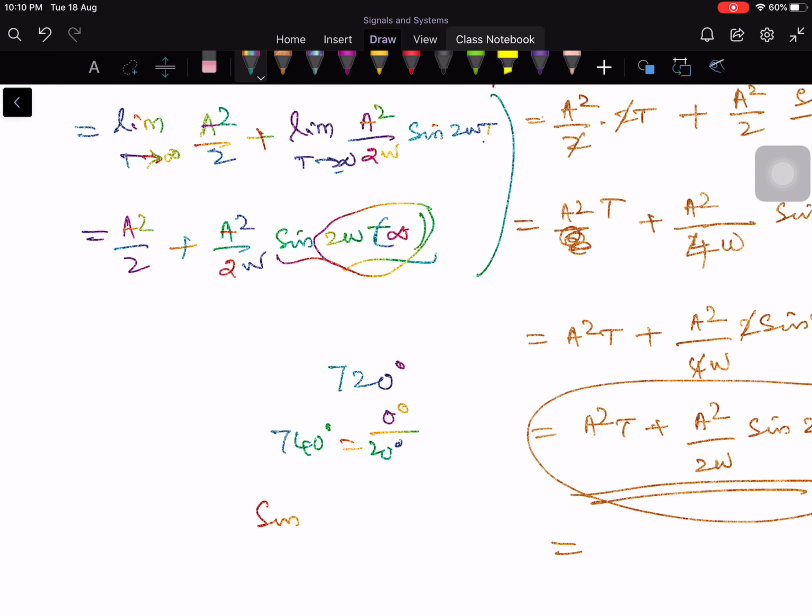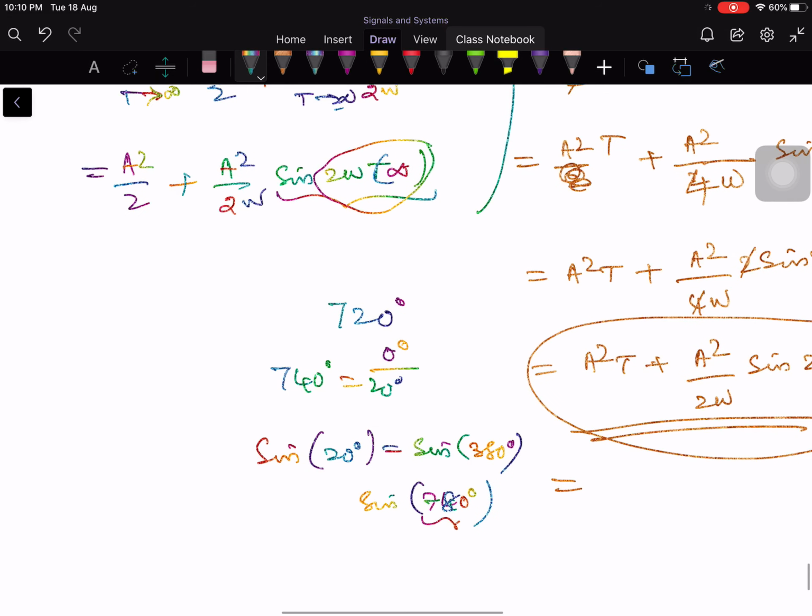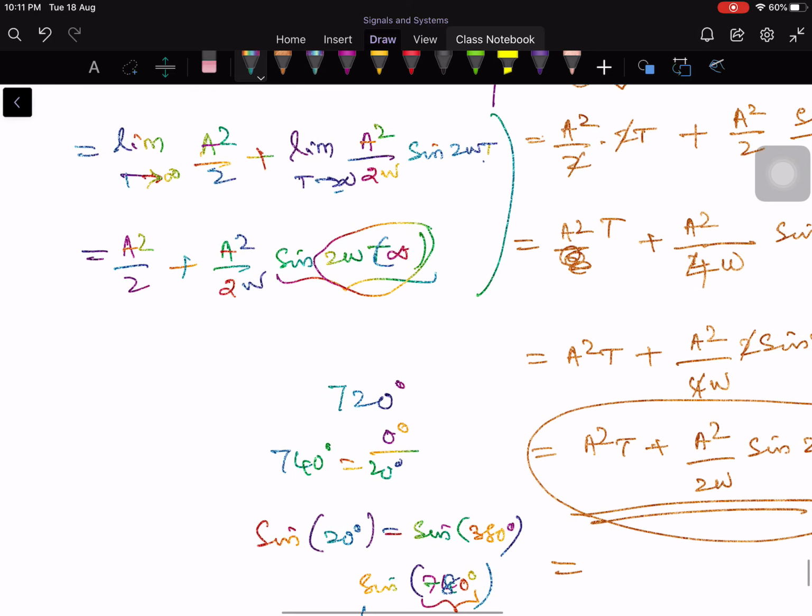Sine of 20 degrees is equal to sine of 380 degrees or sine of 780 degrees. So even if you substitute some infinity, its value always lies between plus or minus 1. So this is always going to give some finite value.